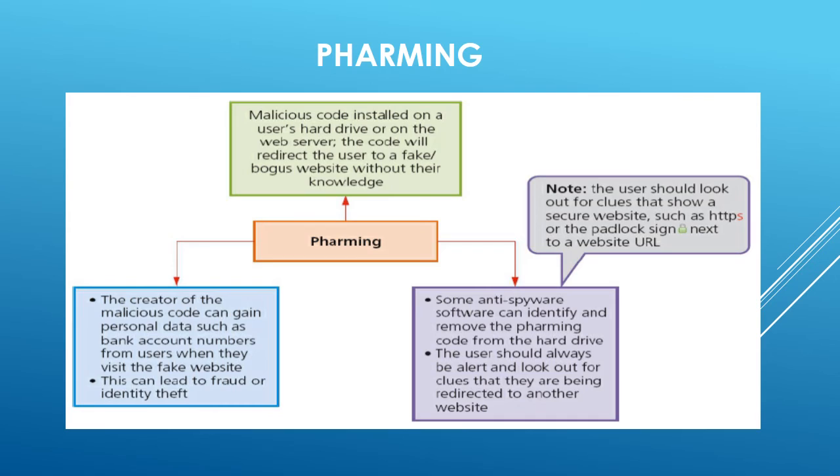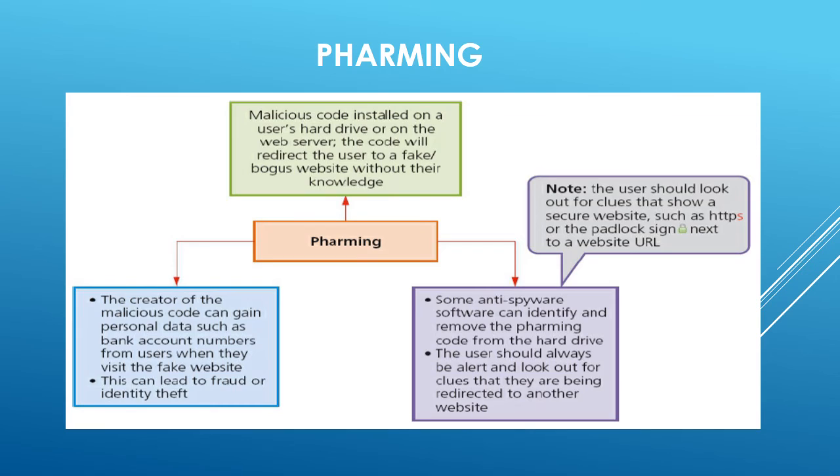Pharming. Malicious code is installed on the user's hard drive or on a web server. The code will redirect the user to a fake or bogus website without their knowledge. The creator of the malicious code can gain personal data such as bank account number from the user when they visit the fake website, and this can lead to fraud or identity theft.